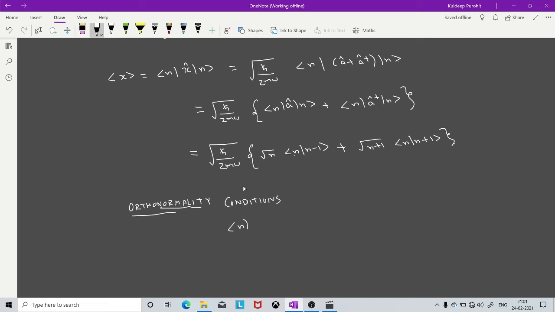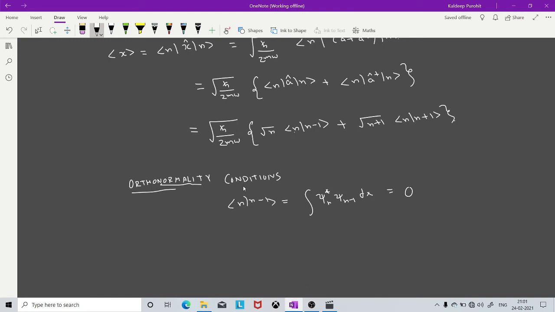So bra n with ket n minus 1 is nothing but psi n star into psi n minus 1. From your knowledge of Schrodinger mechanics, you know that this is always 0 because two different states are orthogonal, and this again will be equal to 0.